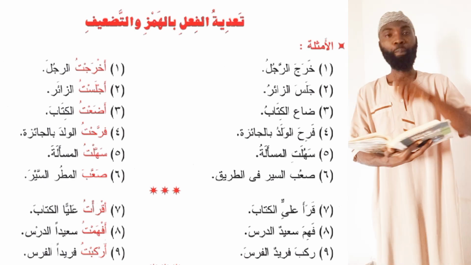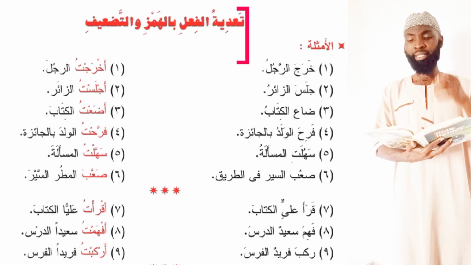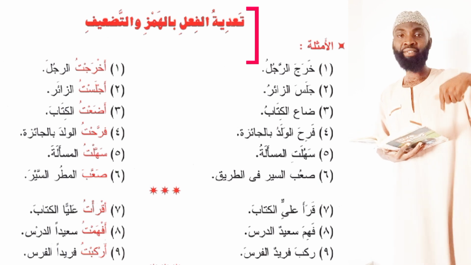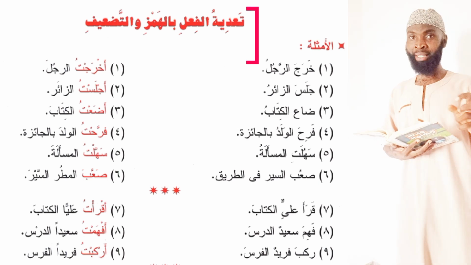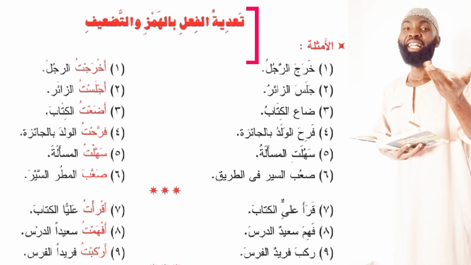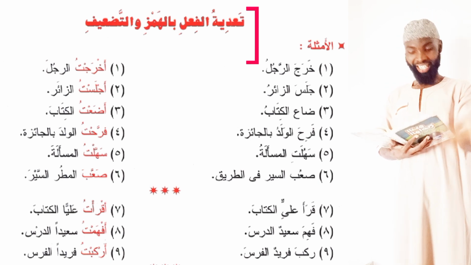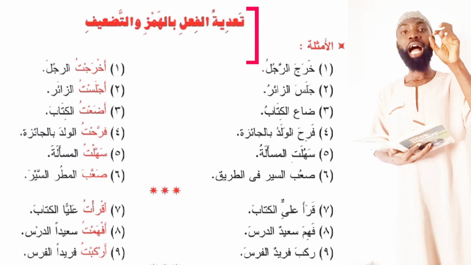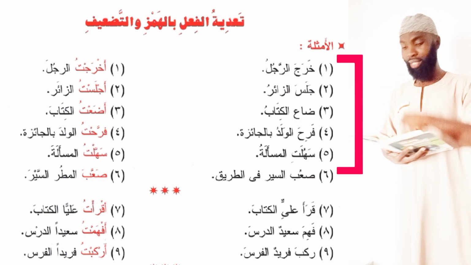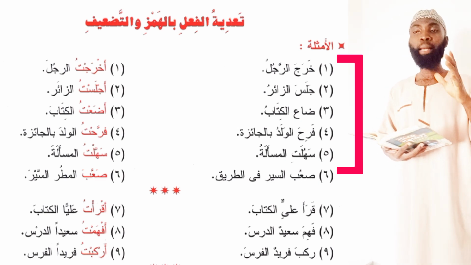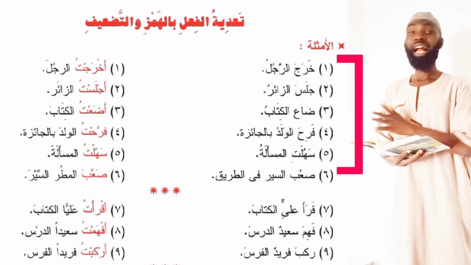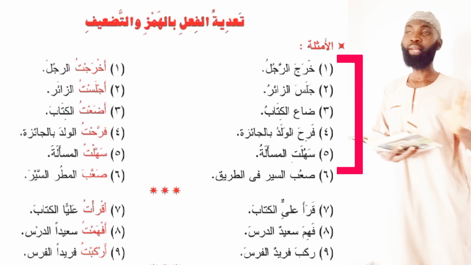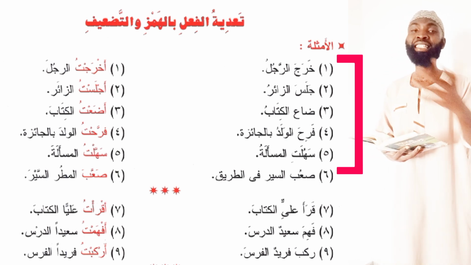Here we have the topic ta'diyatul fi'li bil hamzi wa tad'if: making a verb transitive by adding a hamza or by doubling the letter, as we have said. Now we have lots of examples that you can use in your communications. Al-amthila, we have examples. The first one says kharaja ar-rajulu, the man went out. Then we have akhrajtu ar-rajula, I made the man go out, meaning I sent him out.